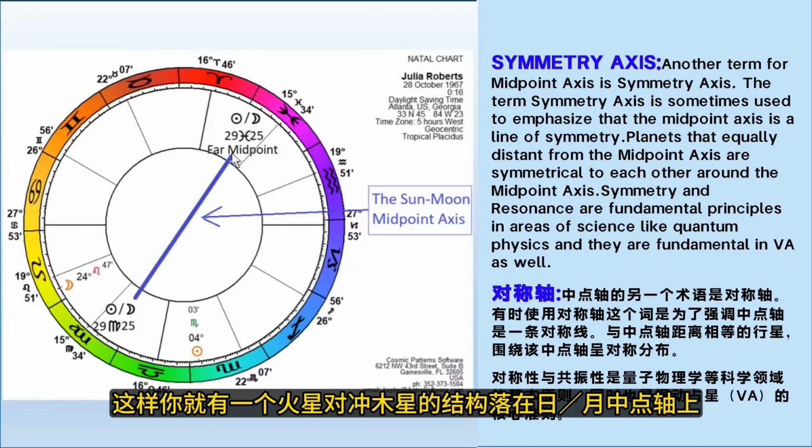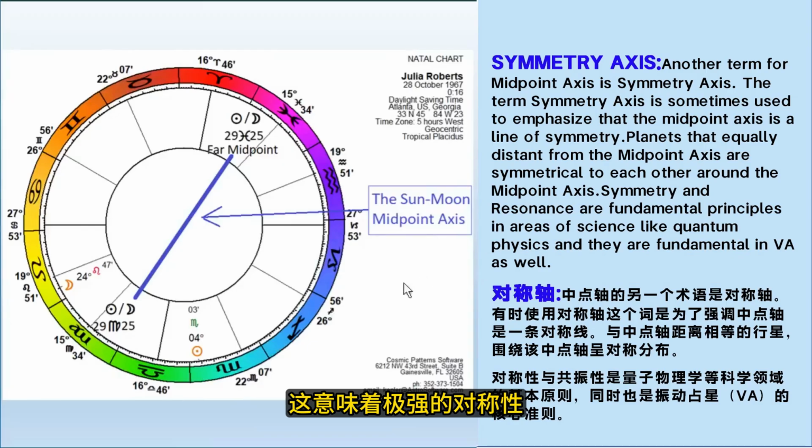So you have a Mars opposition Jupiter on the Sun-Moon midpoint axis. That means there's a lot of symmetry and there's a lot of resonance. So resonance can occur in many, many ways, but this is why we often refer to the midpoint axis as a symmetry axis and relating it to the idea of resonance.